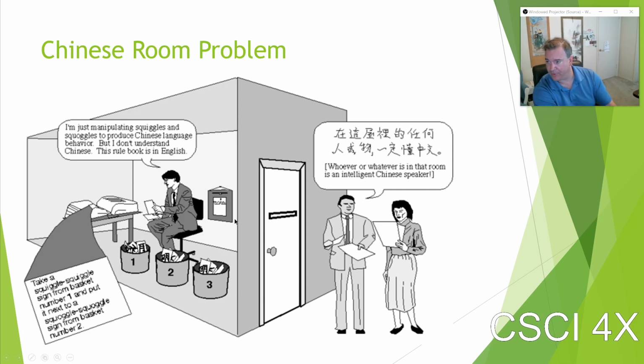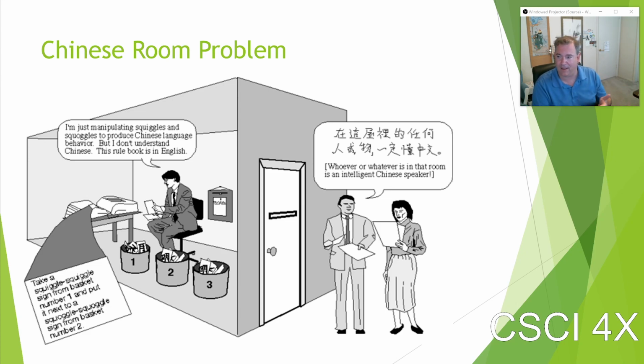On the inside, there's a person. The person doesn't speak Chinese, but he's got a giant dictionary in front of him that doesn't actually explain the meaning at all. All it does is say, if you get this character, then go to line 54 and write this down. And if the next character is this one, write this down instead. It's like a giant instruction manual. It's basically a computer program, right?